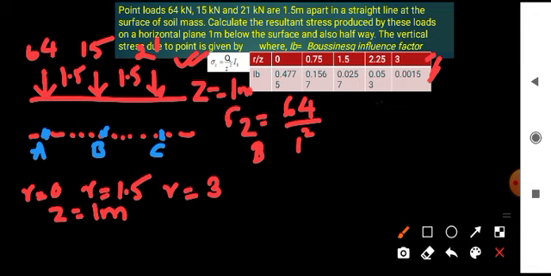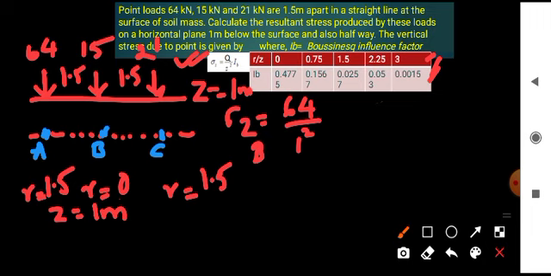Now this value R is going to be changing. It is nothing but 1.5, this will be 0, and this will be 1.5. This will be 0 because we are talking about the point B only, so the radial distance will be 0 itself, and this is going to be again 1.5.